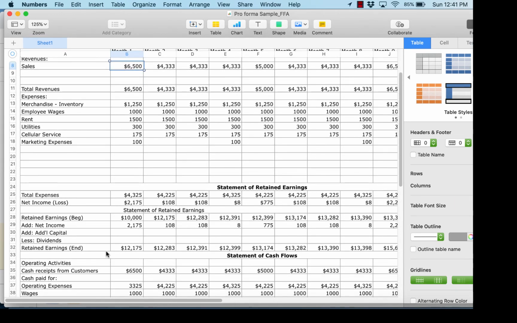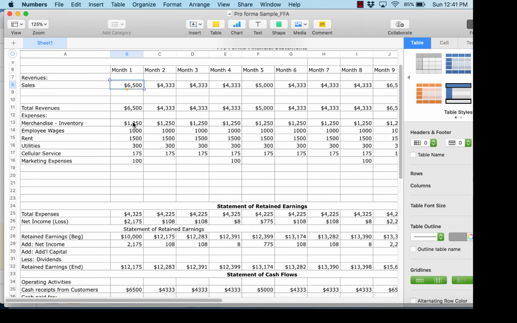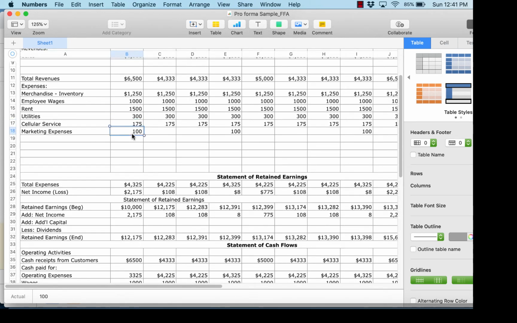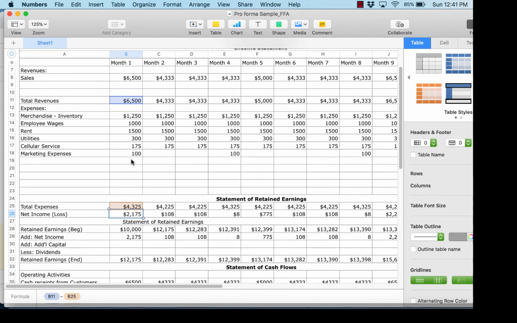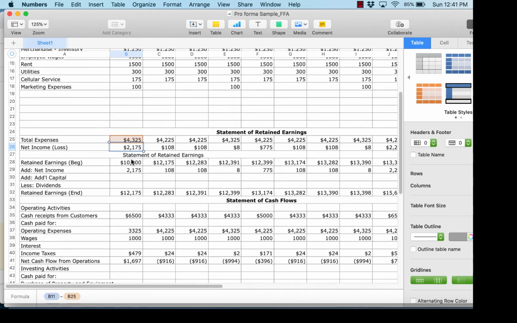And so here you can see I've got my sales. This is a merchandising business, so I've got inventory that I'm factoring in, my employee wages, rent, utilities, cellular service, and periodically I am spending some money on marketing. That gives me total expenses, and then I can see $6,500 minus that $4,325 gives me a net income of $2,175.